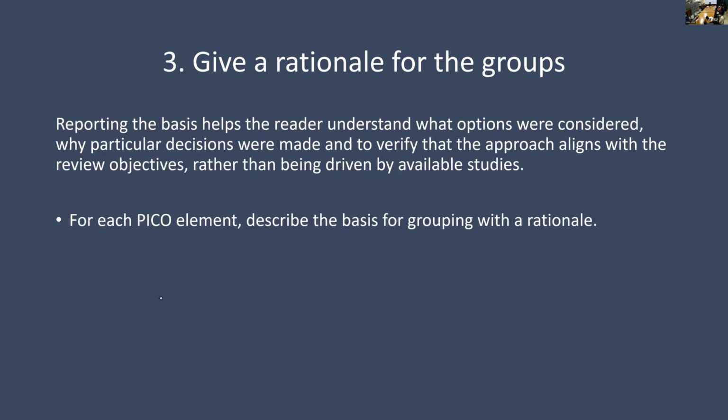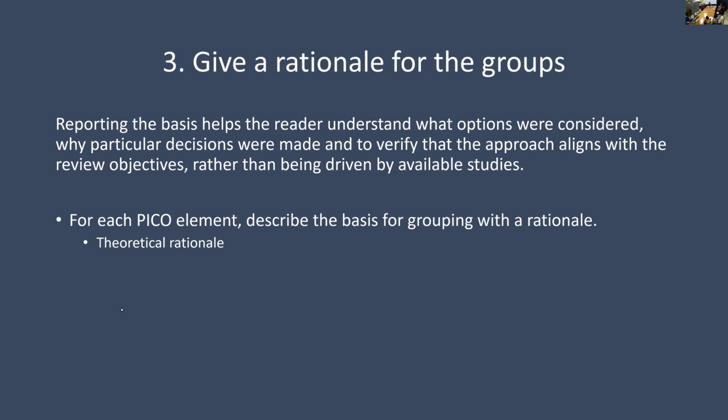So for each PICO element, describe the basis for grouping with a rationale. You can have a theoretical rationale. If you were to use drugs, maybe you can consider all the studies which included so many drugs with a common mechanism of action, or maybe existing practices. So this hospital does, these are the drugs that are given, you can use that.